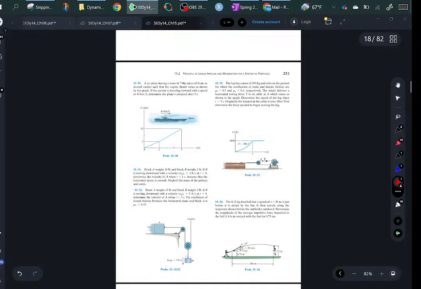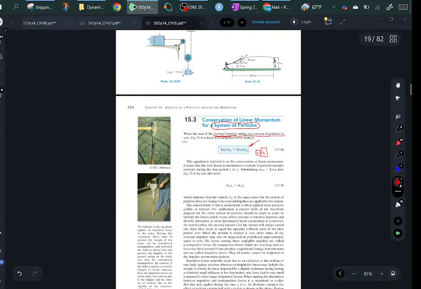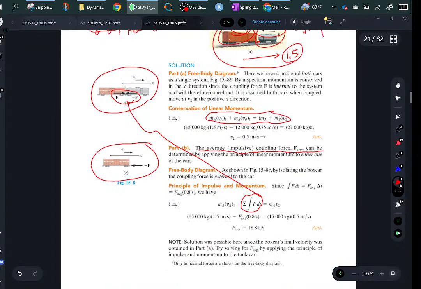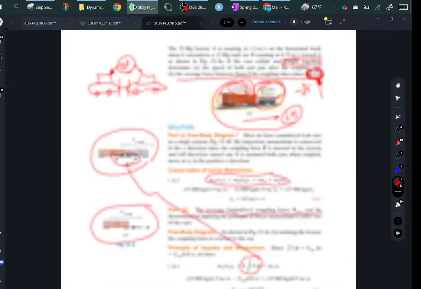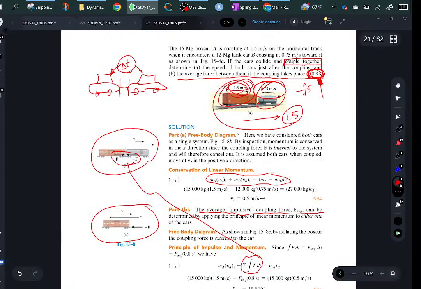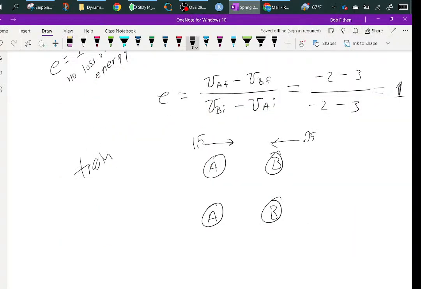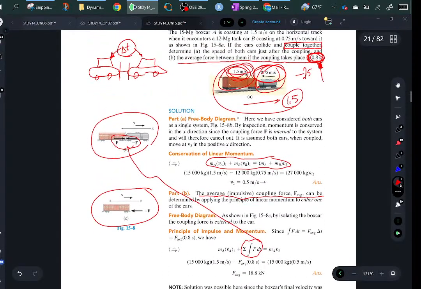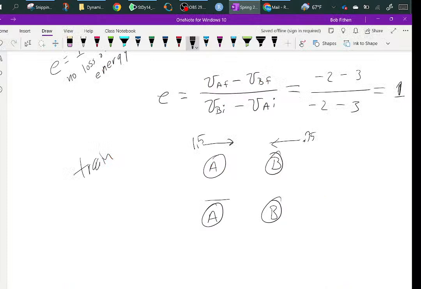Did I pass over the train? It might have been that page, yeah. So I had 1.5 to the right, 0.75 to the left. Okay, now, what is their final velocity? It is 0.5 to the right. So now they're both going 0.5 to the right.